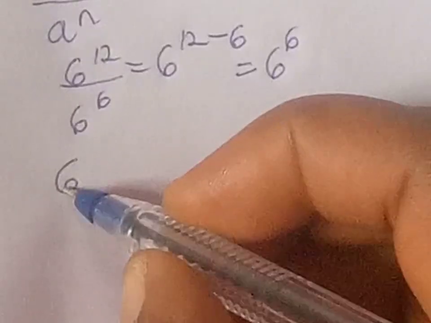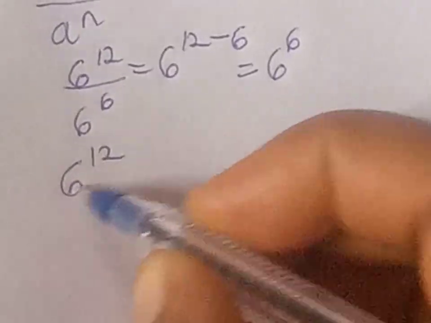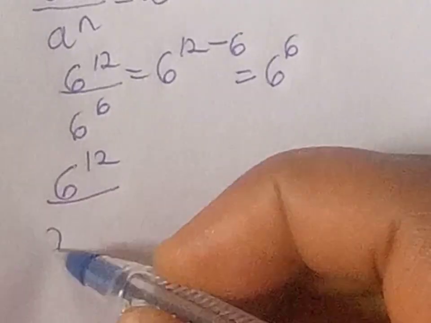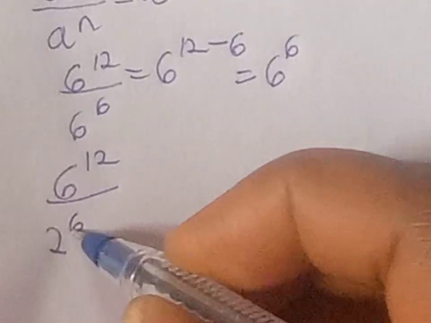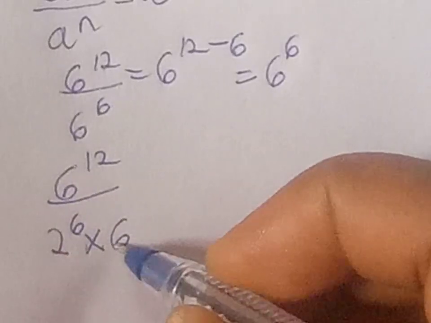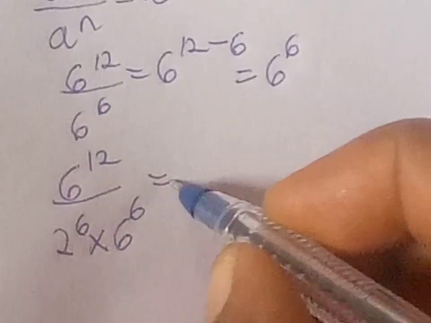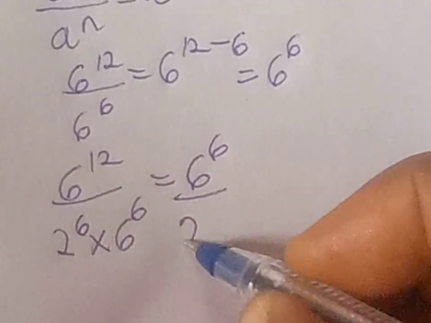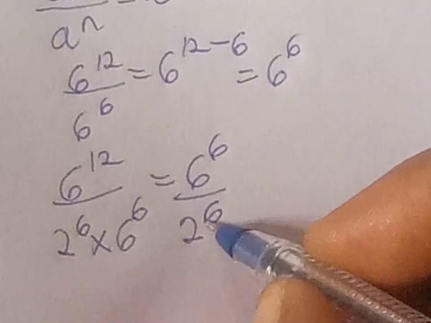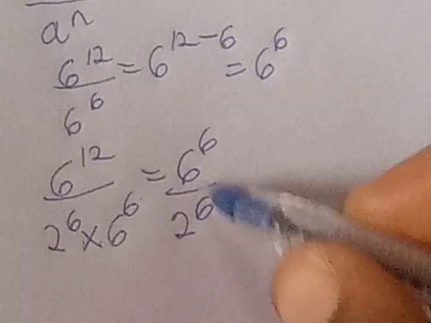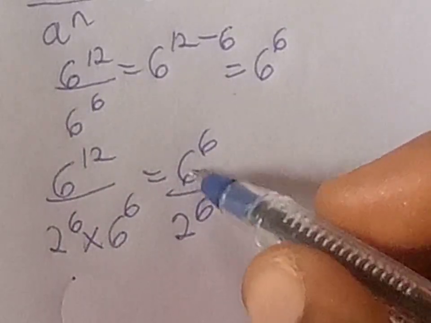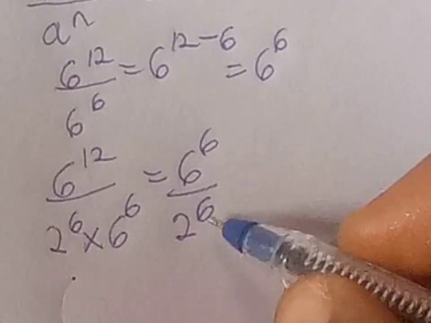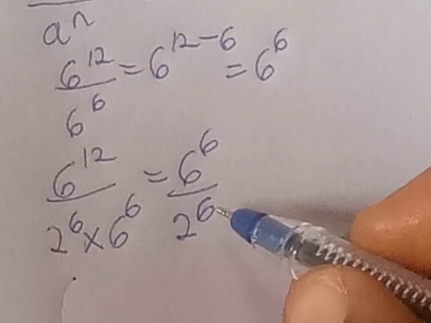Therefore, 6 raised to the power of 12 divided by 2 raised to the power of 6 times 6 raised to the power of 6 will give us 6 raised to the power of 6 divided by 2 raised to the power of 6, because both numbers have the same exponent, which is 6.